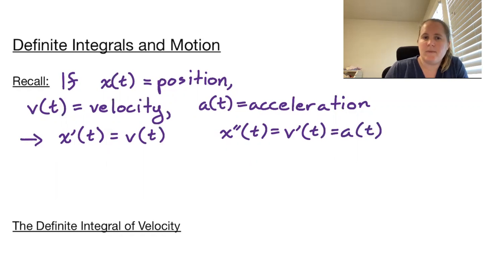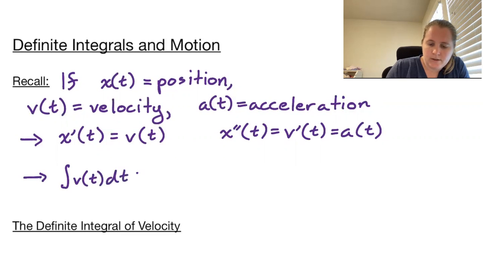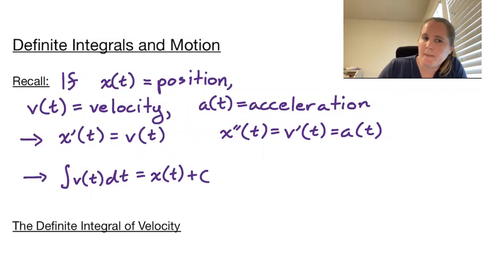a of t. And then we also had that if we took the integral of v of t dt, we're going to get back the position function, maybe with a plus c, right?